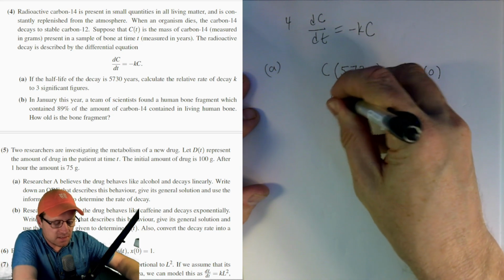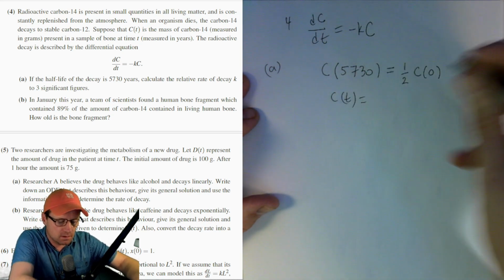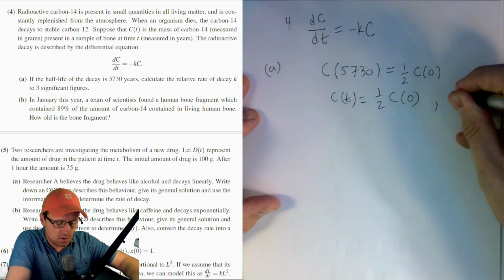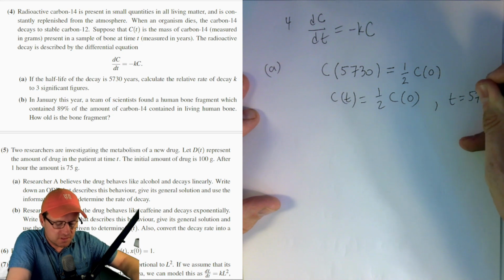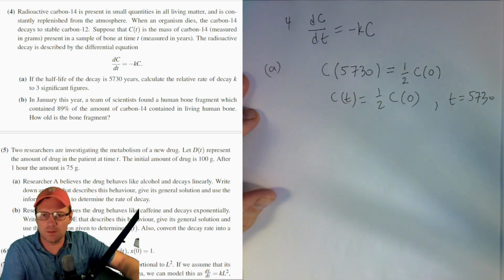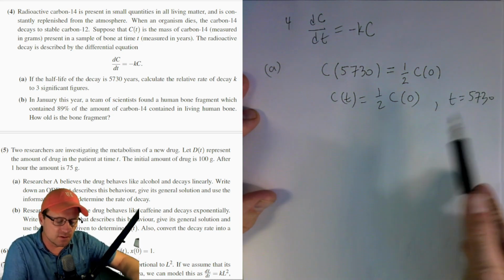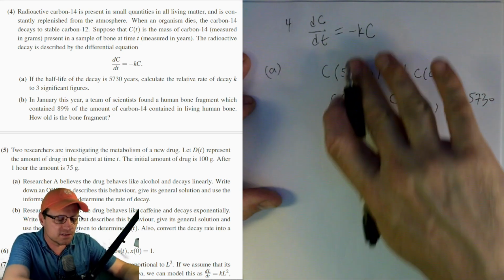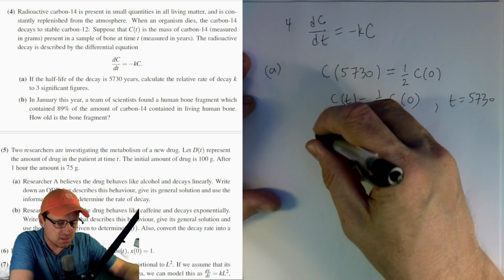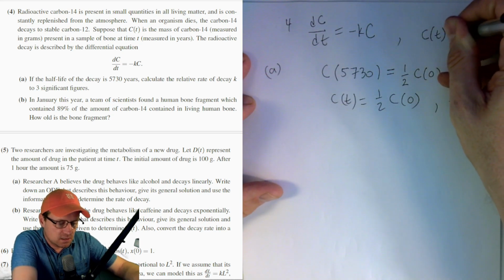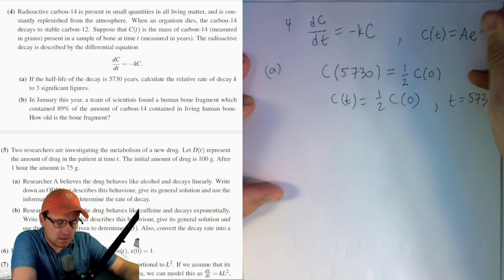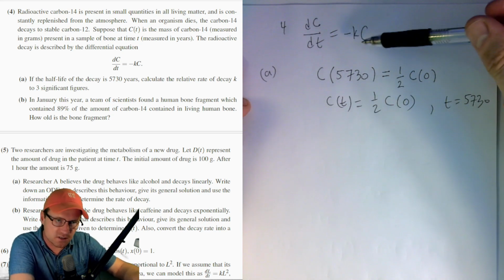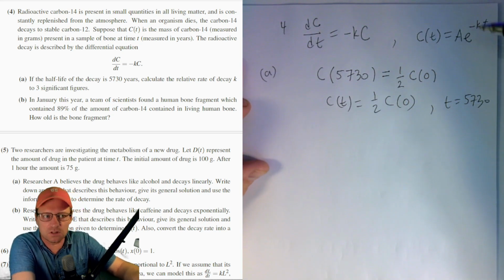Let's just write this as C(T) is 1/2 C(0), where T is 5730, so we don't have to keep rewriting 5730. Okay, and so here we know the solution to this differential equation is C(t) is A e to the minus kt. This equation is separable, and this is what the solution will look like.